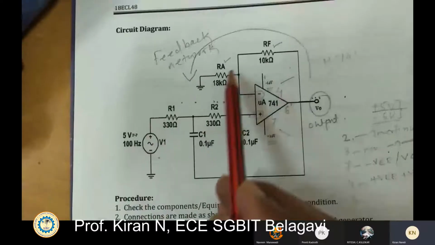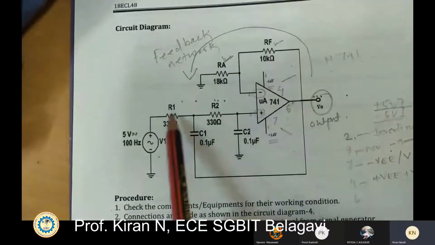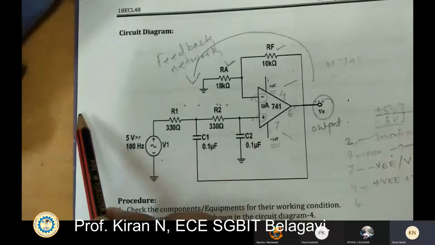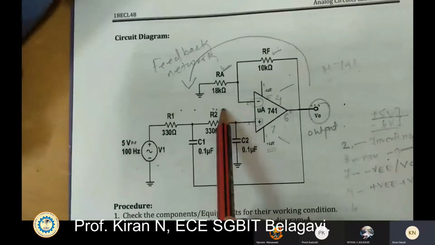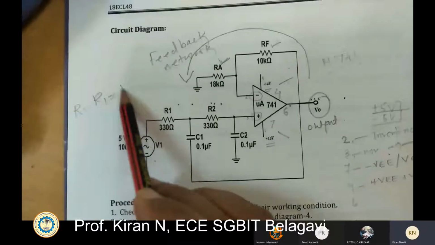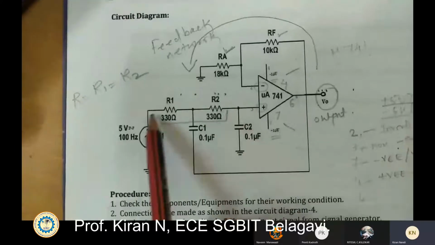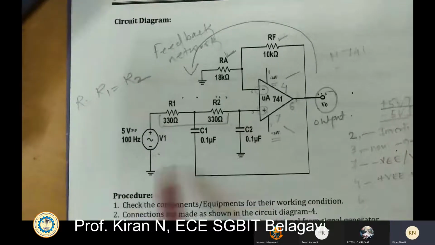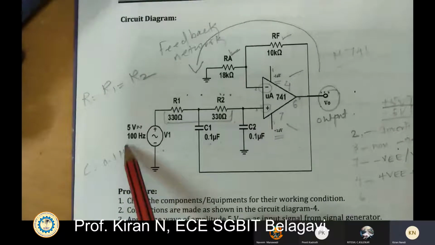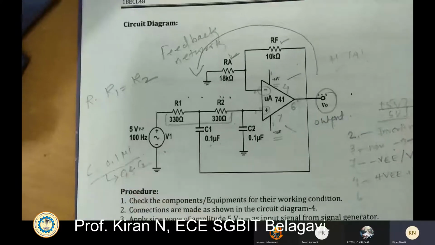As we have from the design, we have calculated the RA value and RF value. Then there are R1 and R2. We had assumed the C value and calculated the R value, where R is equal to R1 and R2, which after calculation is 330 ohms. C we had also assumed, that is 0.1 microfarad, which is the value of C1 and C2.